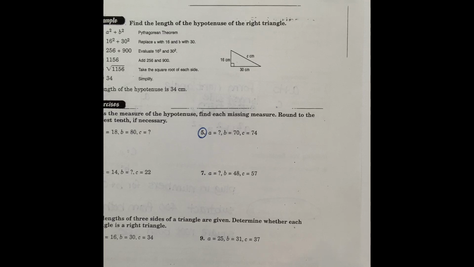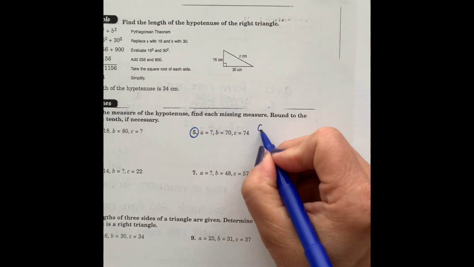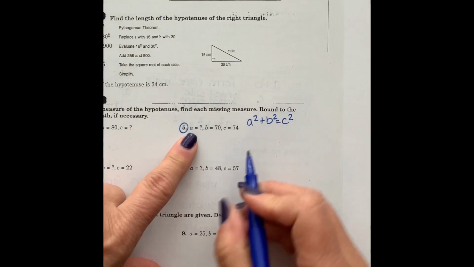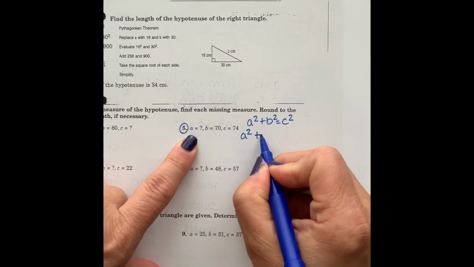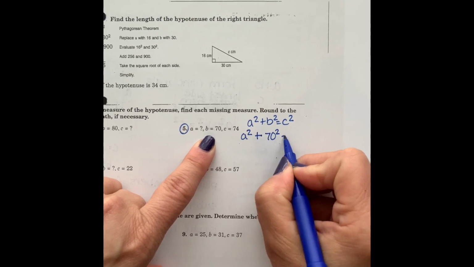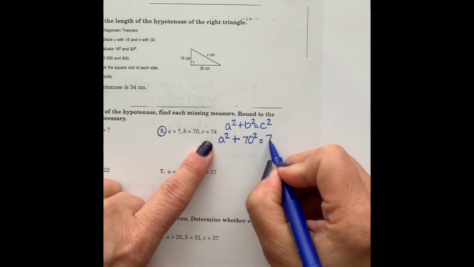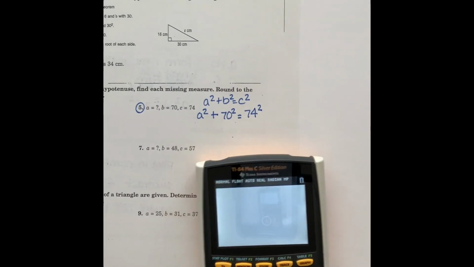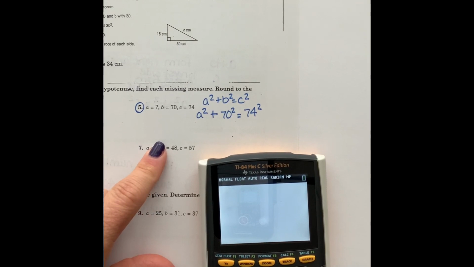So we've got A squared plus B squared equals C squared. A is unknown, so keep it as A squared. B is 70, so that's now 70 squared. And C is 74, so that's 74 squared. Okay, you have to remember the square part. Now, if you don't have a calculator that has a second square button, you would have to do 70 times 70, and you would have to do 74 times 74.